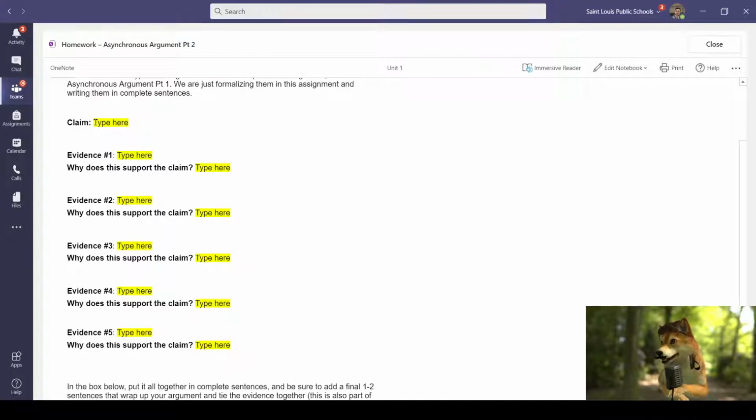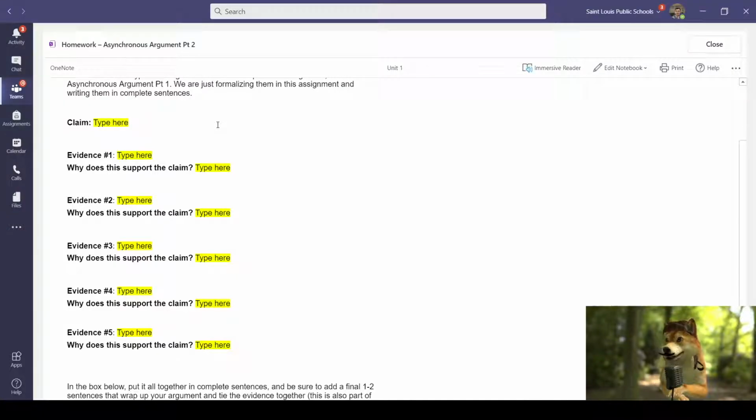The main exception here is that you have a claim you need to make. So by the end of the first assignment, you should have an idea of who trashed the classroom. Your claim is going to be something along the lines of, I claim that suspect 7 trashed the classroom. I'll tell you now, suspect 7 didn't trash the classroom, but I'm just using them as an example.